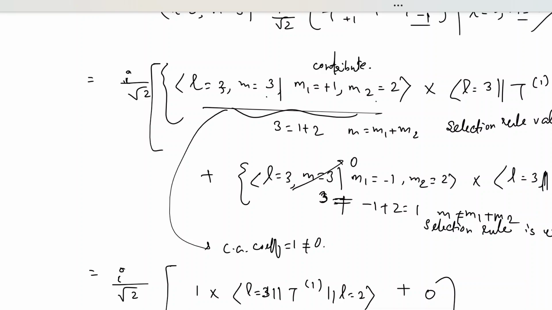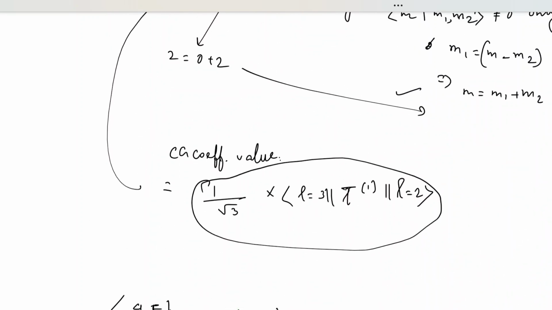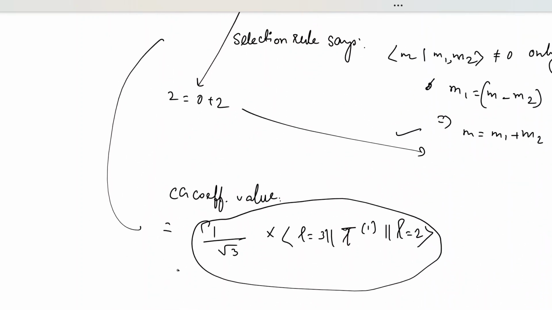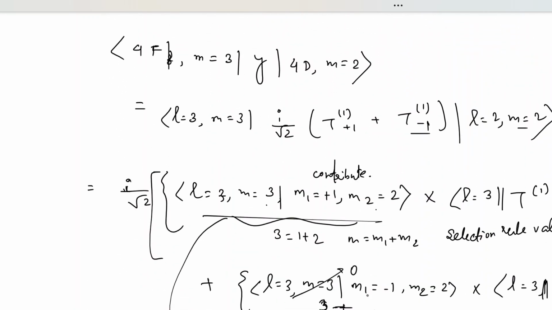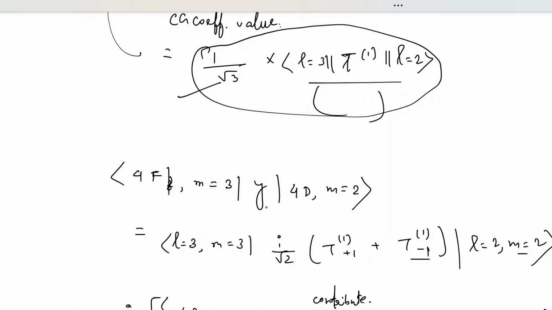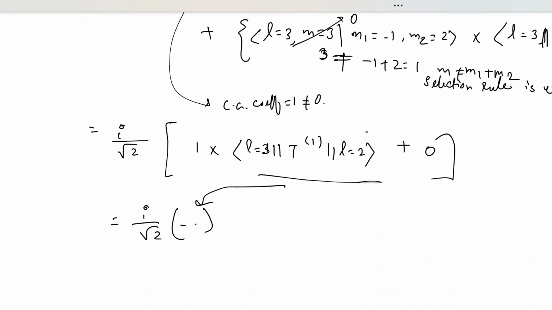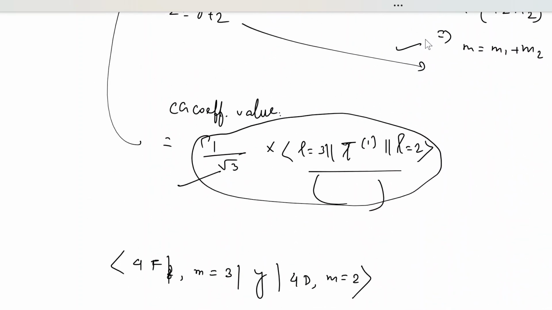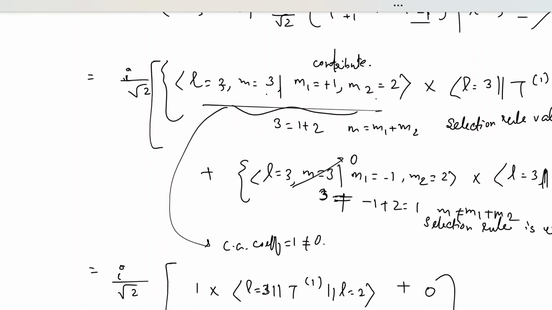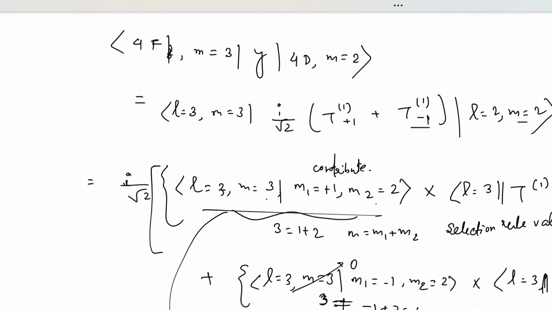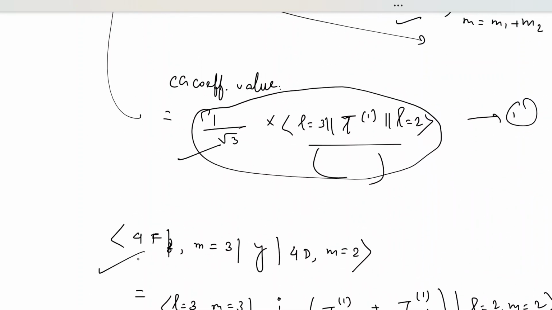That we say as the bracketed form, which is basically this factor. Now you see that what you had from the earlier case is 1 by root over 3 into the same factor, and right now from the y in between you are getting the same factor times i by root over 2. So if you take a ratio of, let's say 1 and let's say this is 2. On the left hand side you had this term, right? So you can use that.